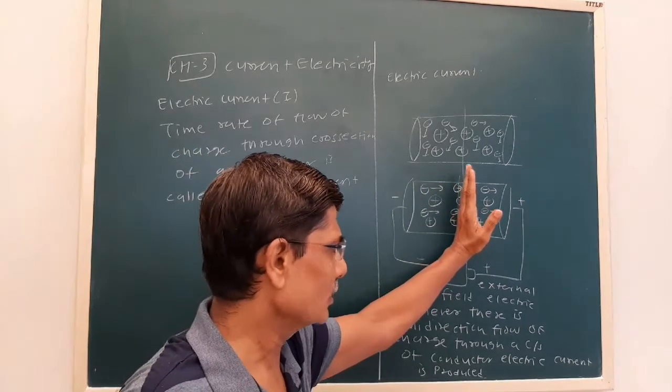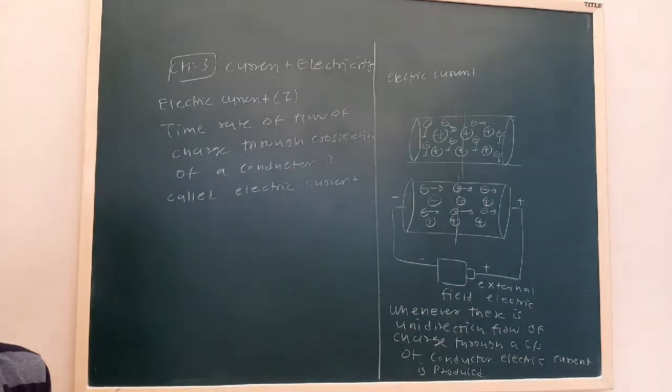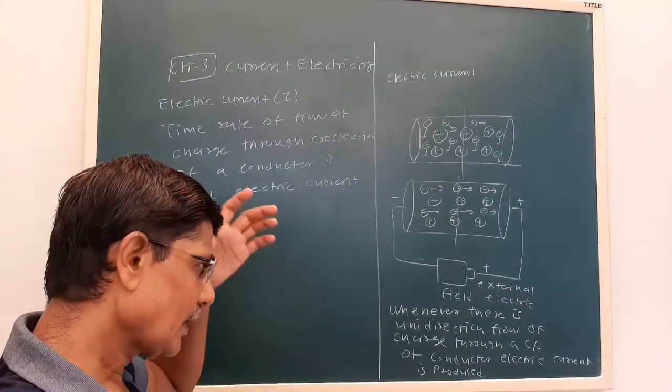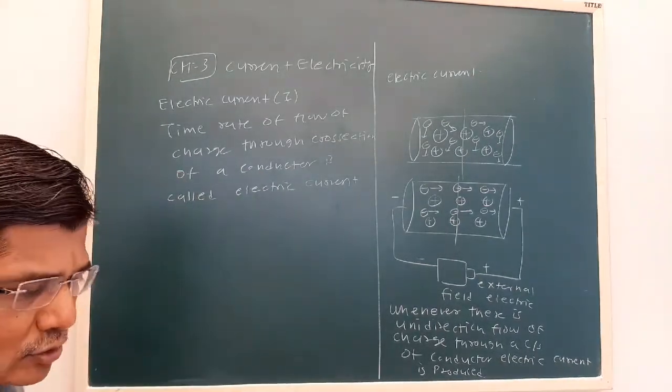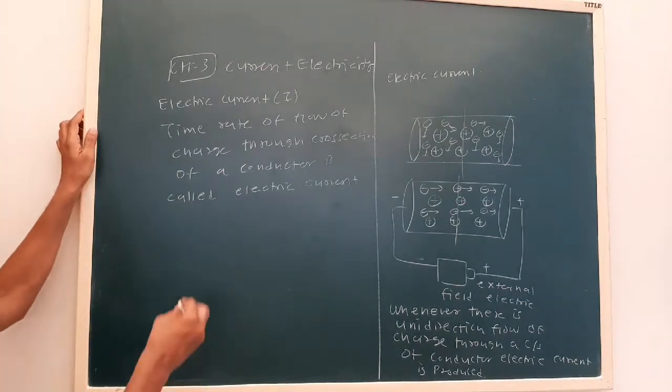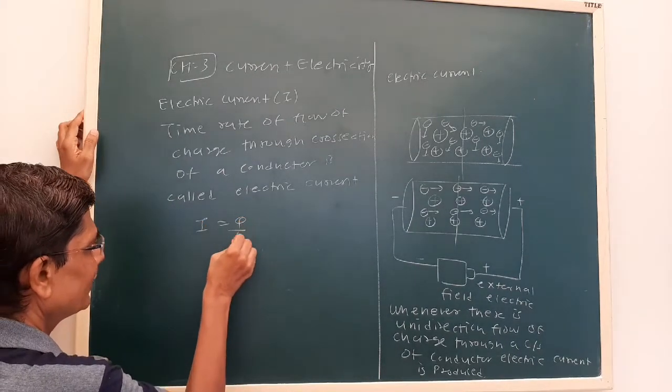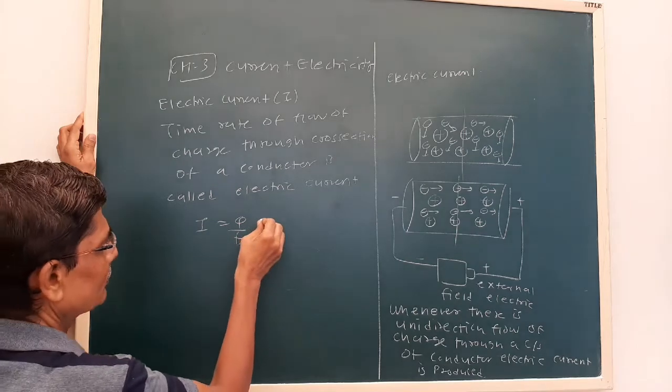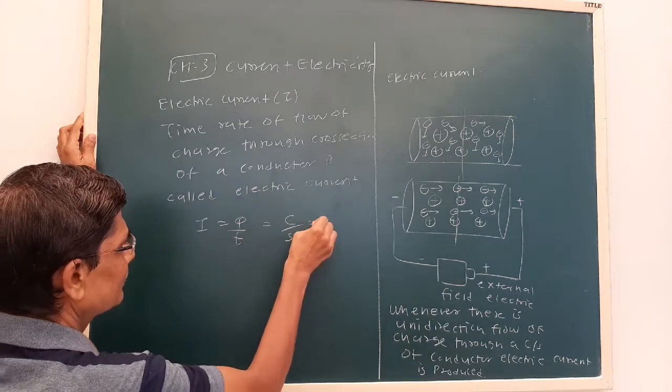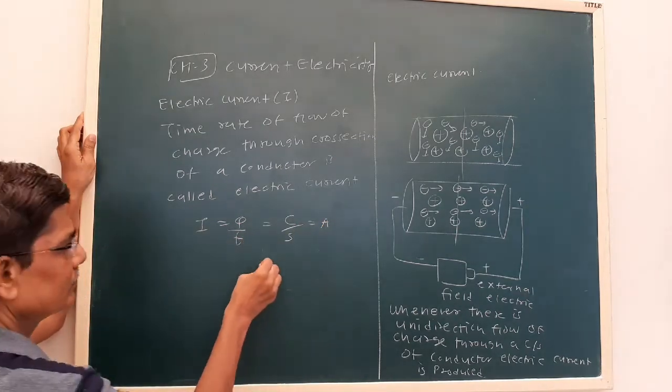Now this is a cross section of a conductor. It also follows the law of conservation of charge. Charge is neither produced nor destroyed. Now in simple definition we say I is equal to Q by t. Now the unit is coulomb per second, that is ampere.